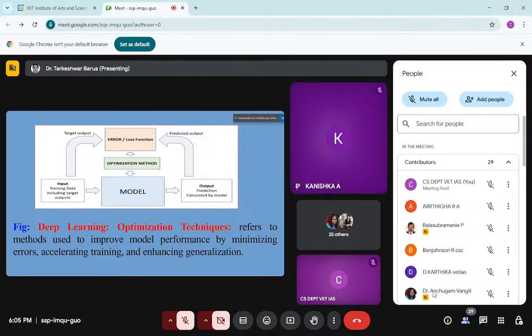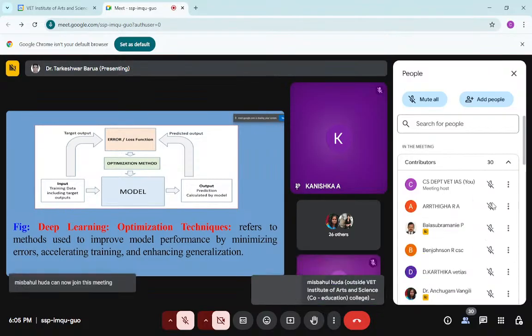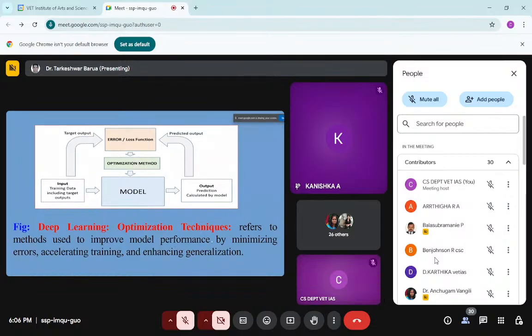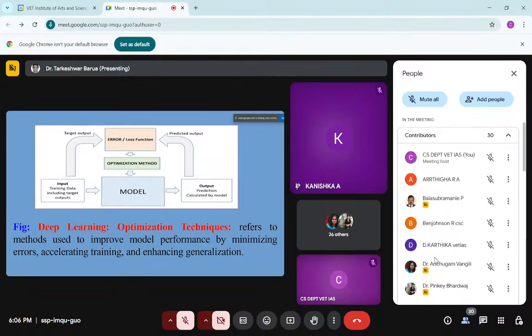Anyway, we can say all models cannot be perfect, but still we can reach closer to the accuracy so that we can minimize the computation and improve the accuracy. That is our target. That is why we do optimization. This method improves the model performance by minimizing error, accelerating training, and enhancing generalization.